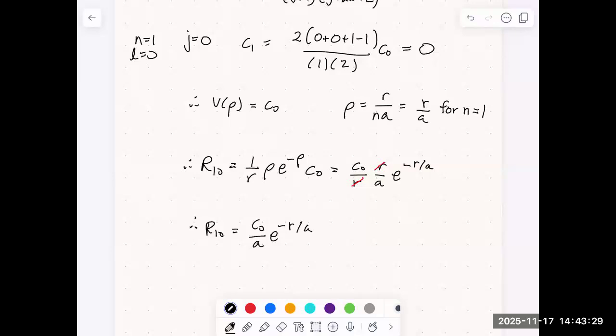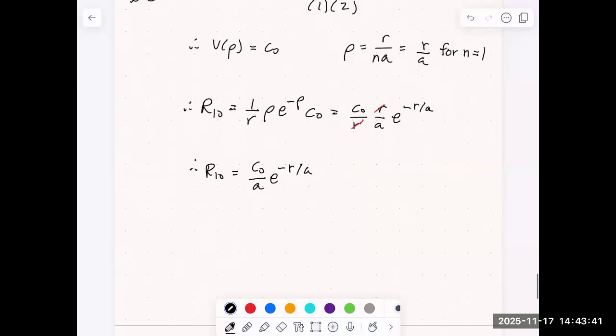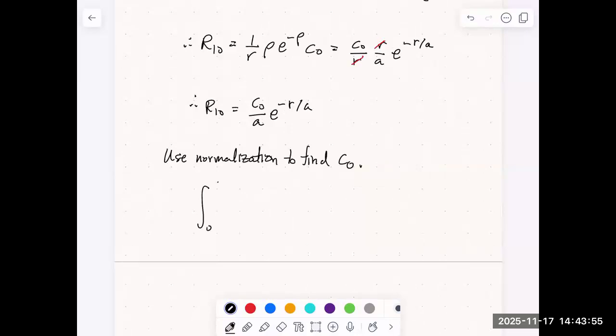Now, if we want to construct the full wave function, we're going to need to know the C0 coefficient. To do that, we use normalization to find C0. The normalization condition is the integral of r from 0 to infinity of R_nl squared, and then in spherical coordinates we have r squared dr for the radial part.